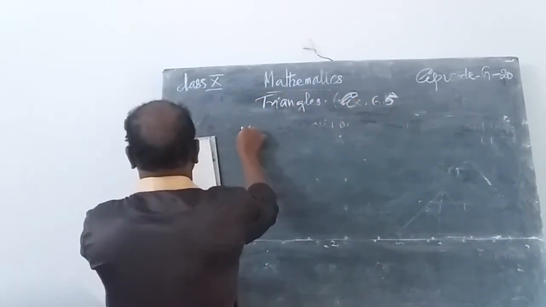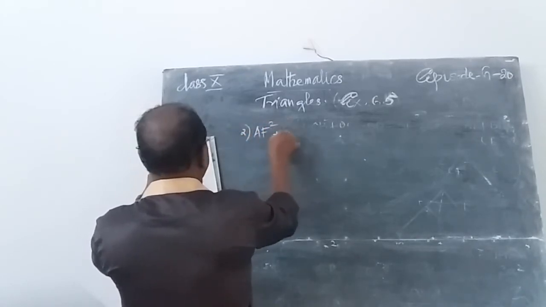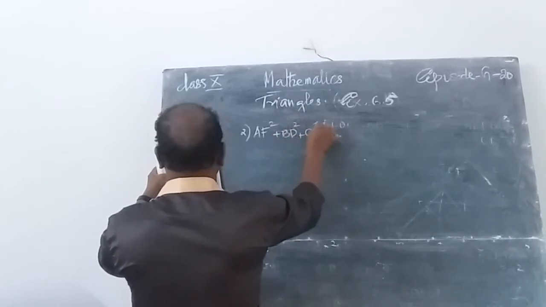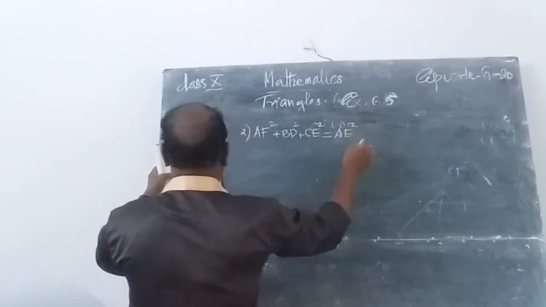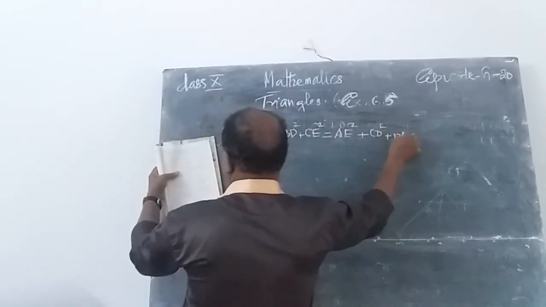Then the second result is prove that AF square plus BD square plus CE square is equal to AE square plus CD square plus BF square.